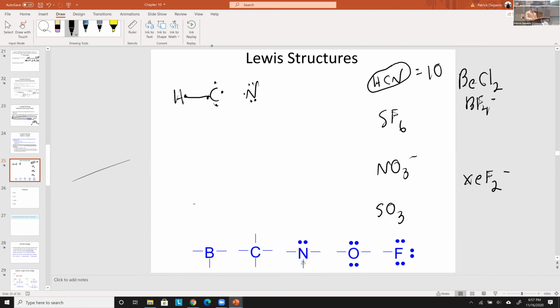So if you know all of these rules, it gets really easy. You're like, all right, carbon. Carbon needs 4 bonds. It has 1, so it needs 3 more. Nitrogen needs 3. Triple bond. 1, 2, 3. Then you can clean it up and make it look like this. And you have 1 lone pair on nitrogen.